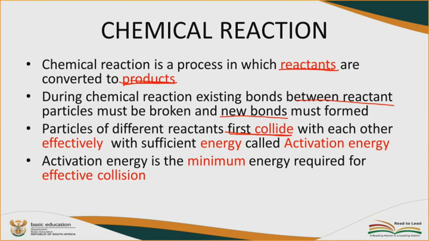What does that mean? It means the particles must move in order for them to collide. And when they collide, they must collide effectively. And after they've collided effectively, they also need to possess sufficient energy. And this energy, in grade 11, you regard as activation energy.